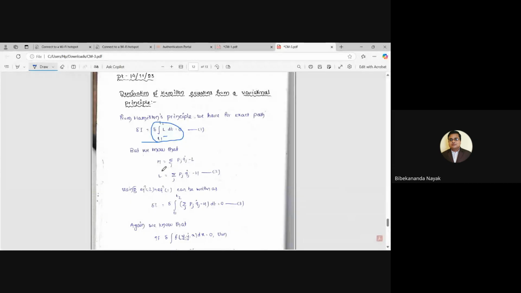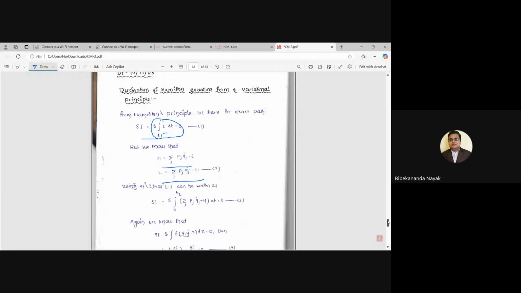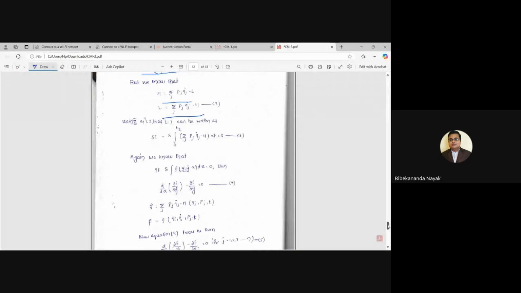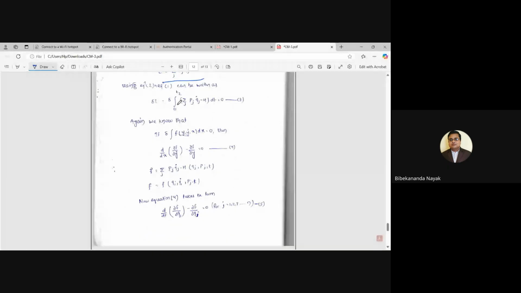We know H is equal to the sum of Pj Qj dot minus L, so we can write L as the sum over j of Pj Qj dot minus H. Now take the variation. The variation is 0 if it satisfies the Euler-Lagrange equation, d by dx of del f by del y dot minus del f by del y. Here f is the sum over j of pj qj dot minus H.